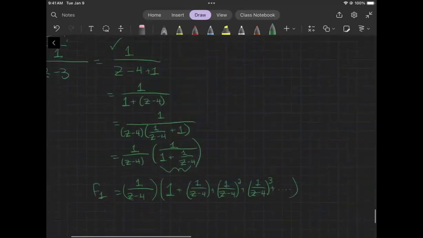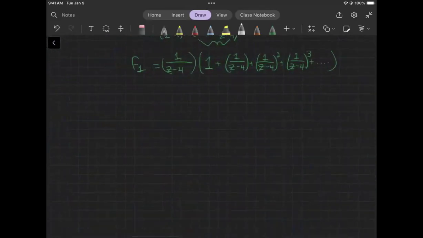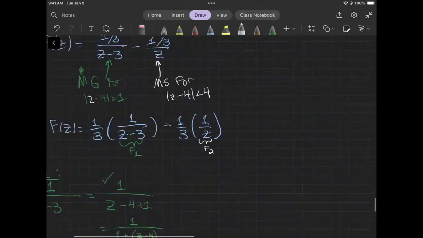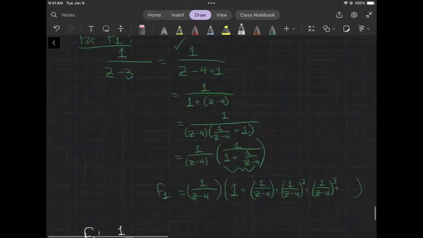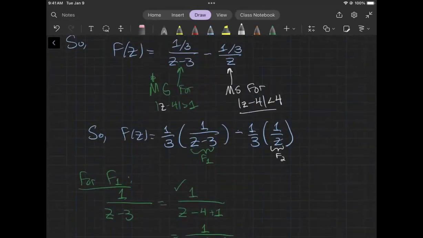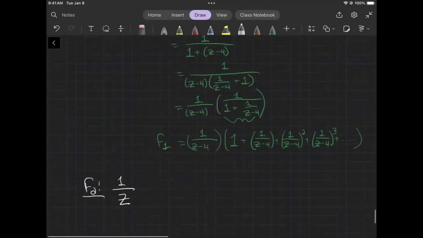On the other hand, F2 now. So for F2, I have 1 over z. We want to formulate a geometric series where the absolute value of z minus 4 is less than 4.